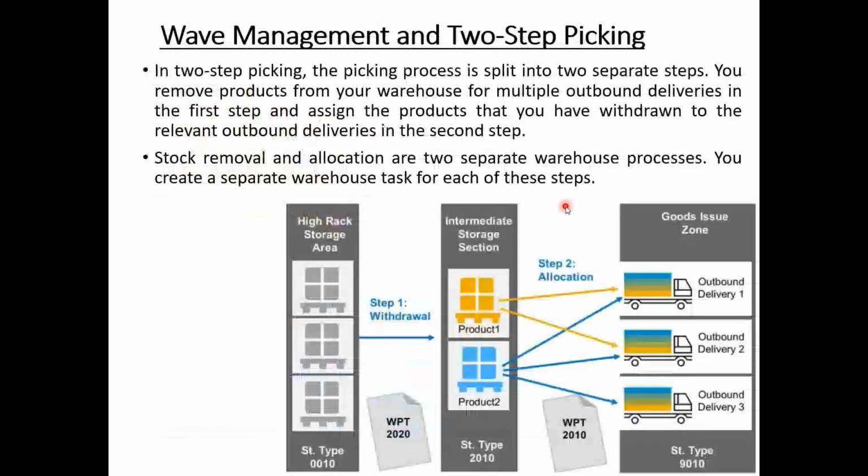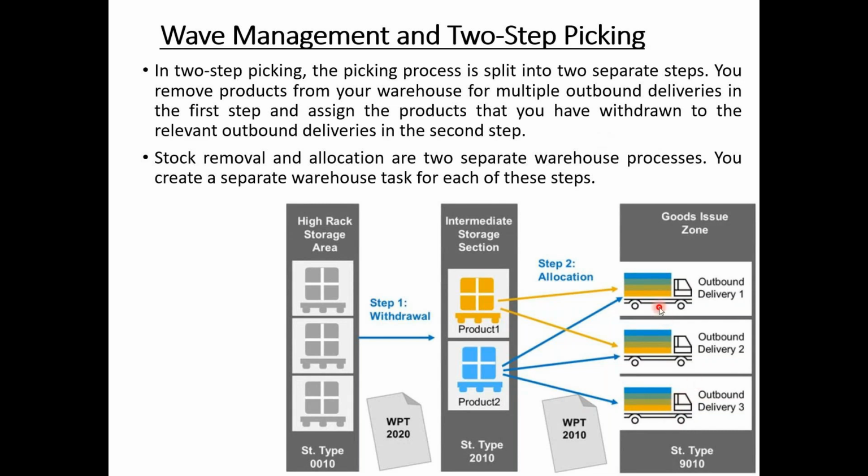Okay, then in the outbound process, we have the wave management and two-step picking. So you can see here multiple trucks are coming, and in case you have one product, the first truck requires 10 units, second requires 30 units, and third requires again 10 units. Total 50 units are needed. So you have two options.